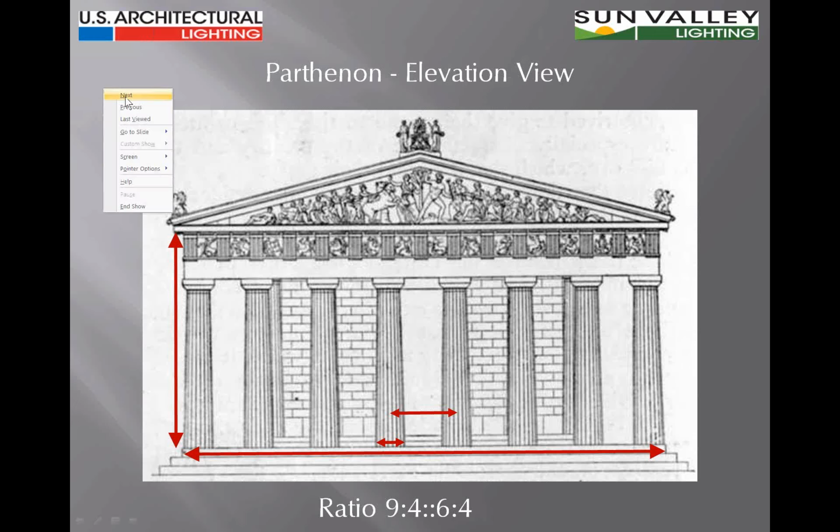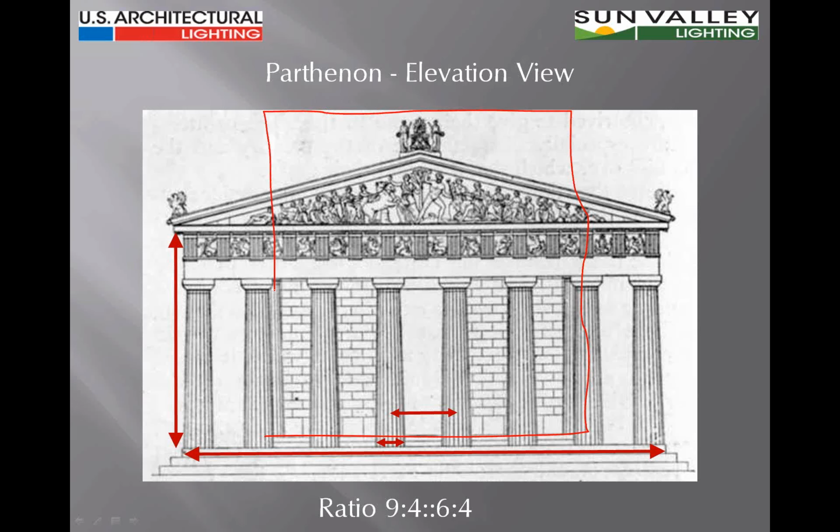Another element where this 6 comes into play is that the Greeks took the inner structure of the building, and if you follow the baseline of the inner structure of the building, take it all the way up to the top, and that's not a very straight line, but it'll give you the idea, to the little design along the top edge, and then we come back down.